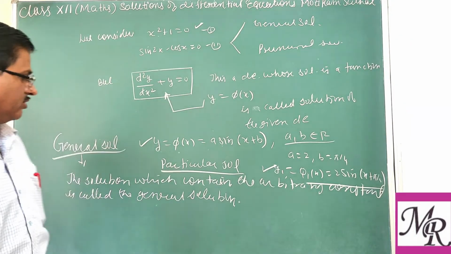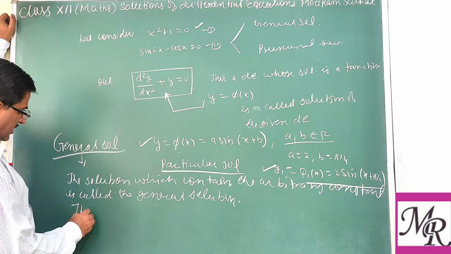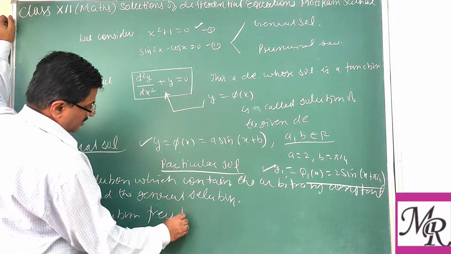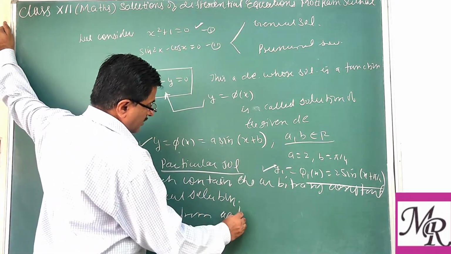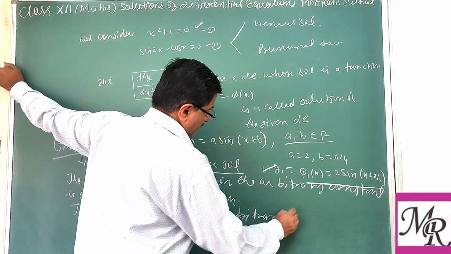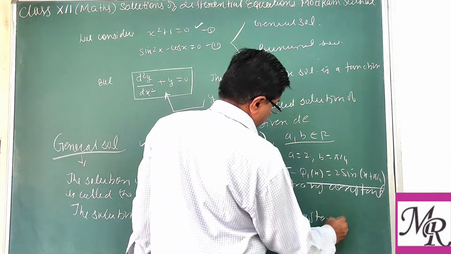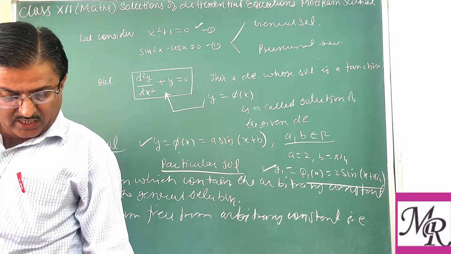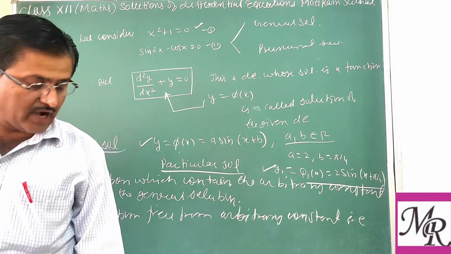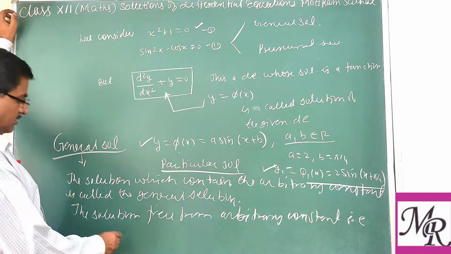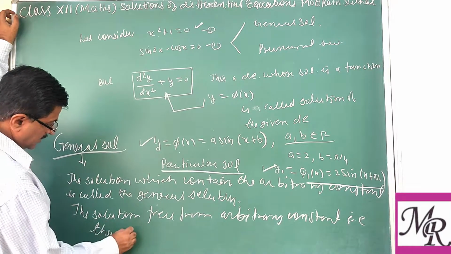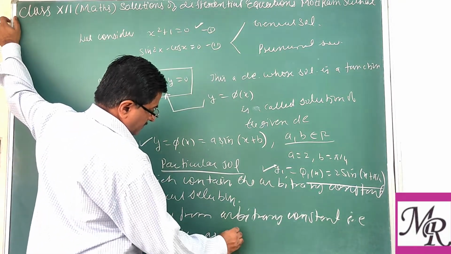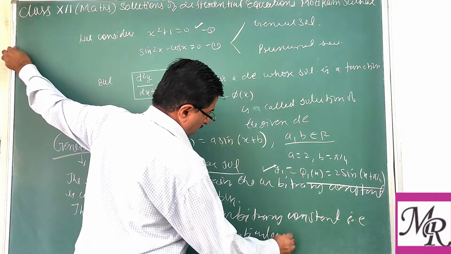the solution free from arbitrary constant, you may put, the solution free from arbitrary constant. That is, there is no arbitrary constant or they are given particular values, or they are chosen as particular values.